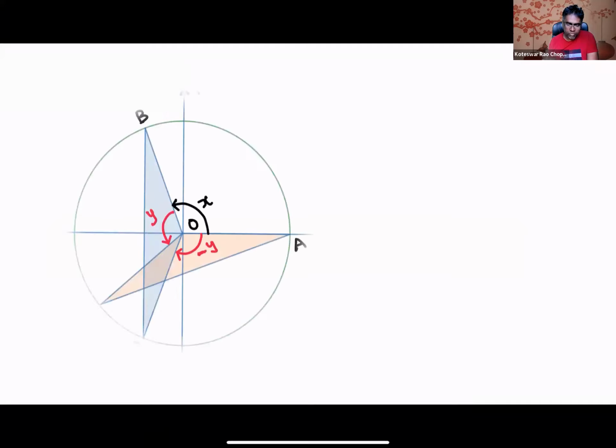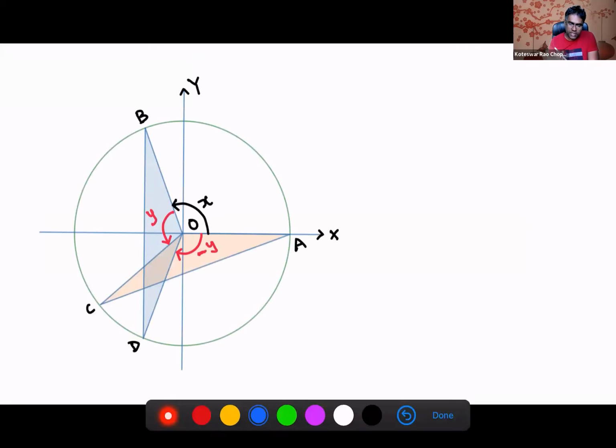To understand this, we are taking the help of our good unit circle. The unit circle is very, very important. If you relate everything with the unit circle, your understanding of trigonometry will be very good.